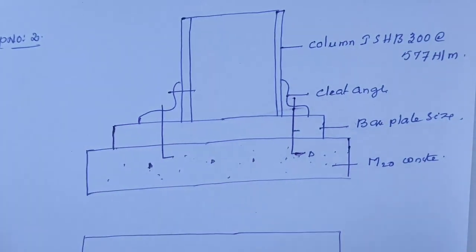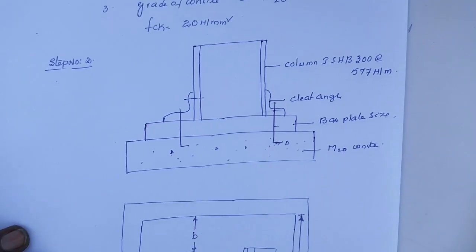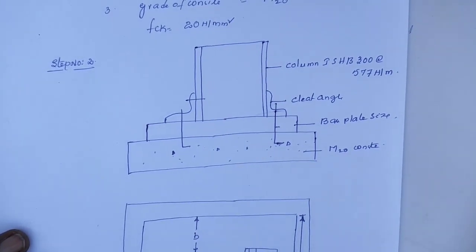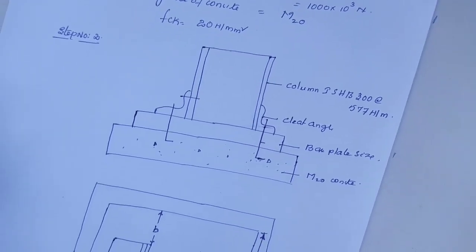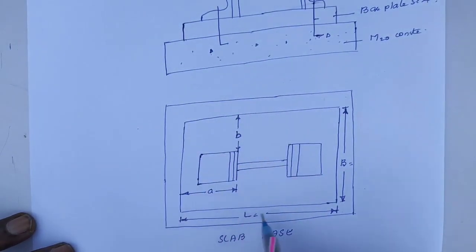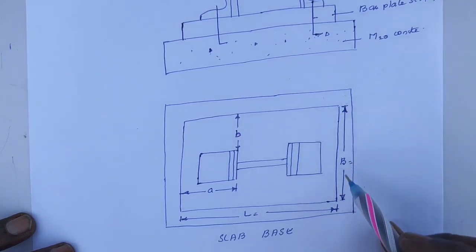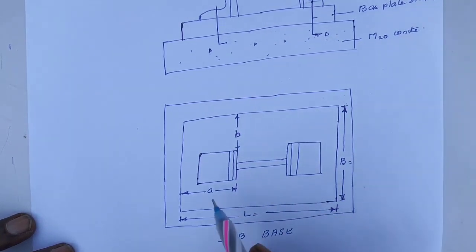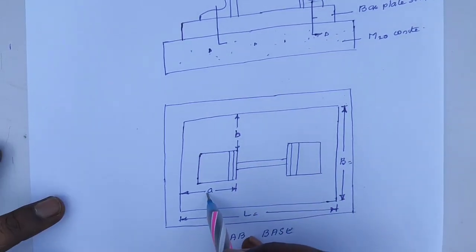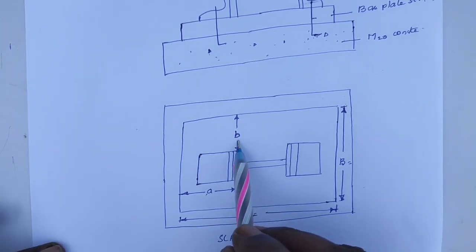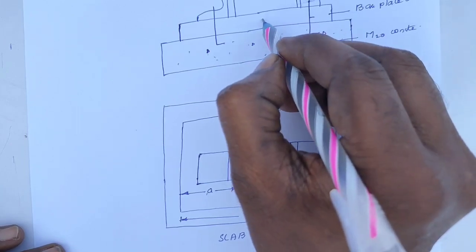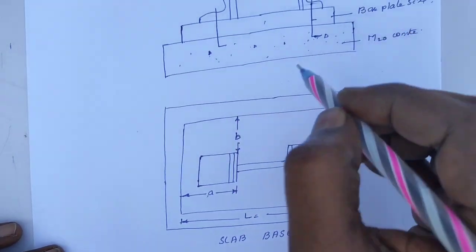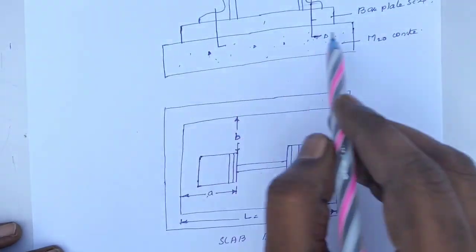Explaining this figure: L is the length of the base plate, B is the breadth of the base plate, A is the projection of the base plate lengthwise, and small b is the projection of the base plate widthwise. Therefore, calculation of area of the base plate, length of the base plate and thickness of the base plate.